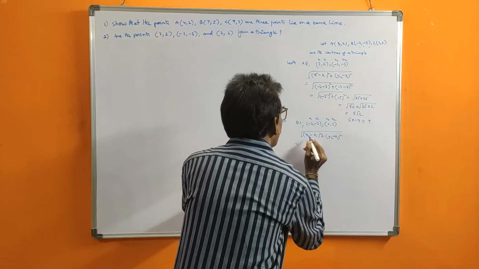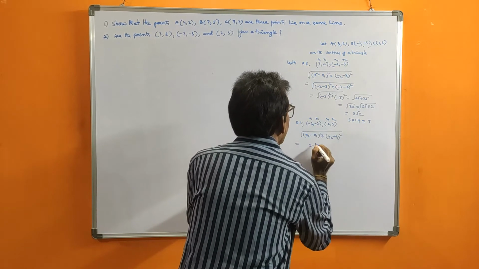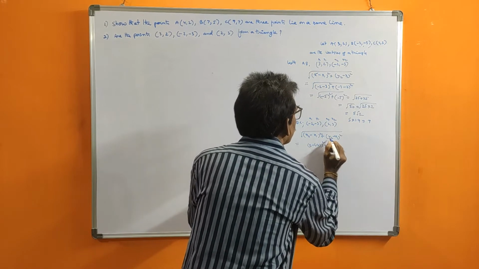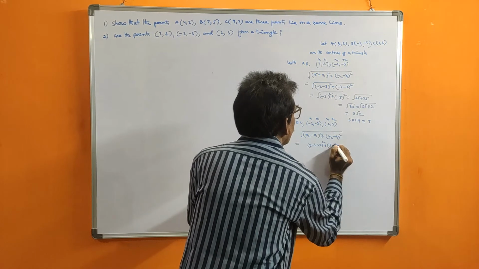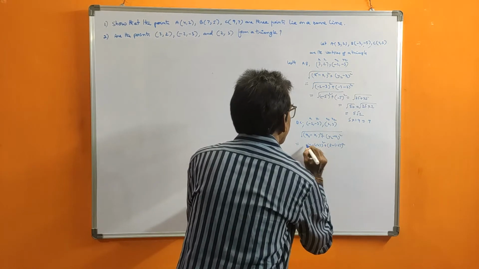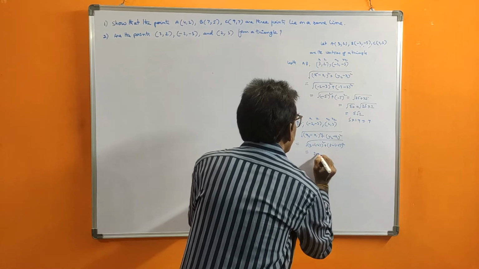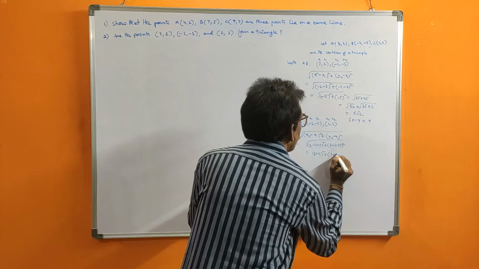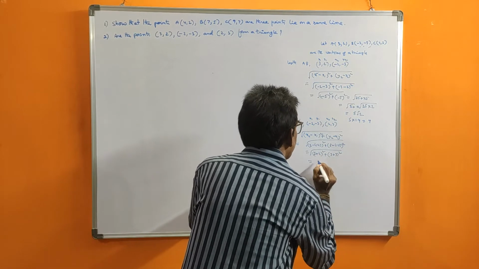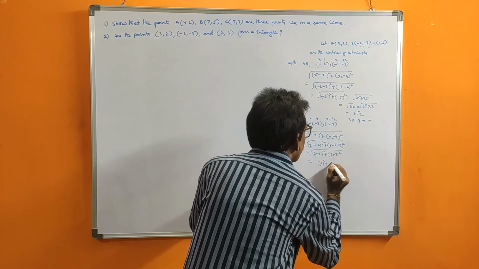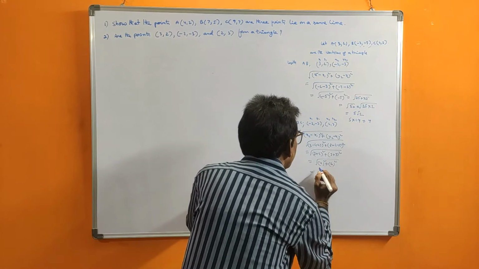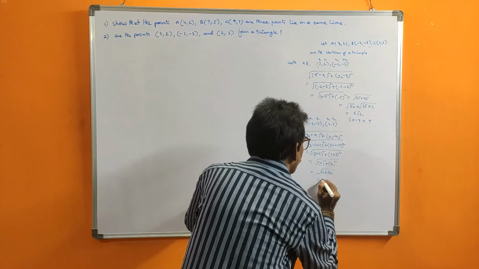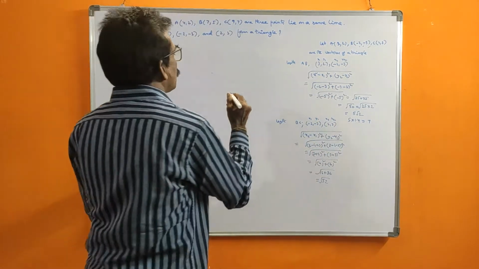Now x2 is 2 minus of minus 2, whole square, plus y2 is 3 minus of minus 3, whole square, under root. That is 2 plus 2 whole square plus 3 plus 3 whole square, under root. That is 4 whole square plus 6 whole square. That is 16 plus 36, that is 52. Now you calculate the root of 52.